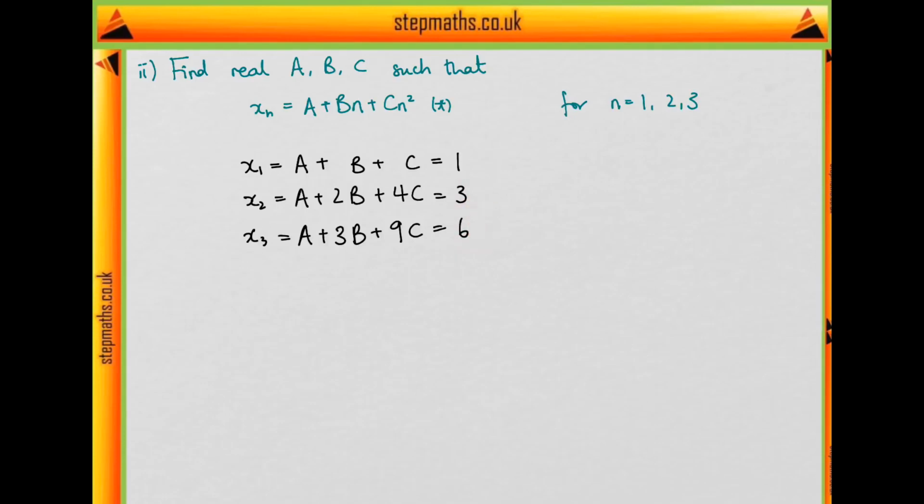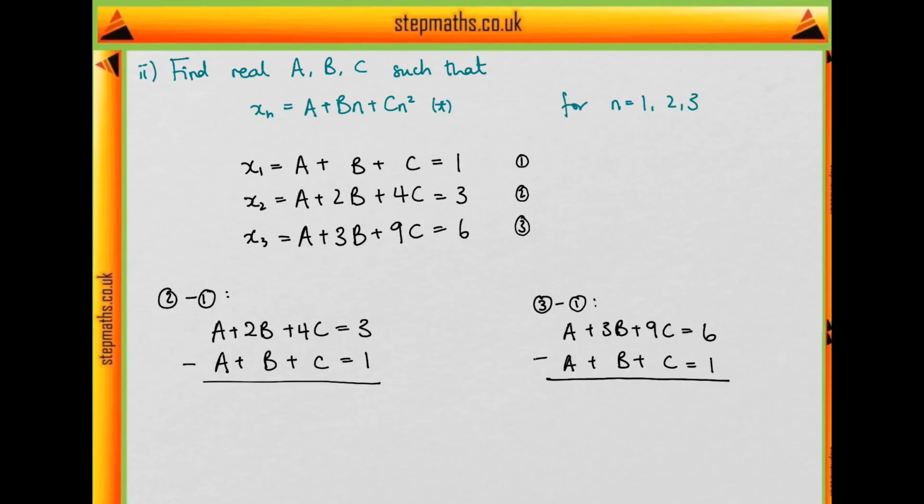If I call these equations 1, 2, and 3, then it's just a case of solving these 3 simultaneous equations for a, b, and c. If you want to have a go yourself first, then pause the video now, but I'll show you one way to do it. If I take equation 1 from equation 2 and equation 1 from equation 3 as well, that's going to give me 2 equations in just b and c.